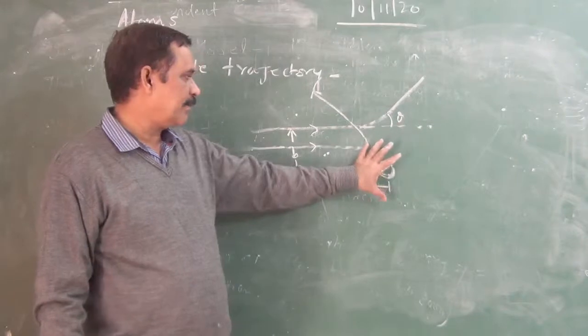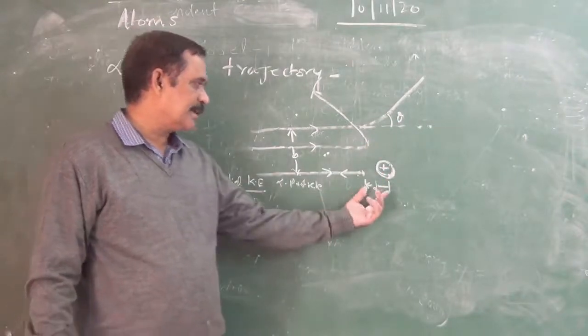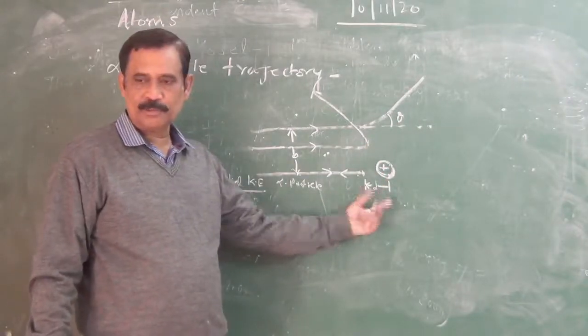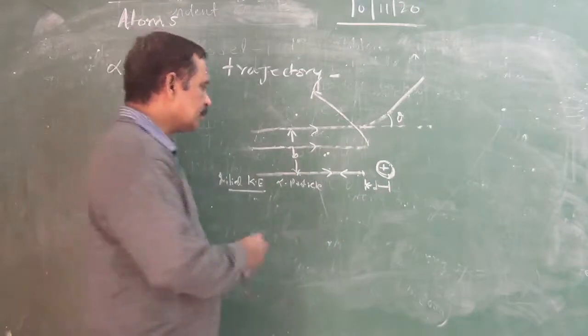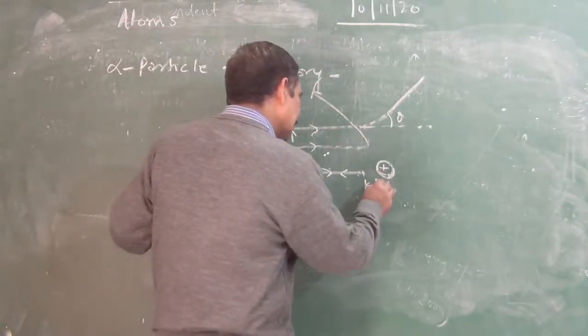With the help of this figure, this is the distance of closest approach. This D shows the distance of closest approach.